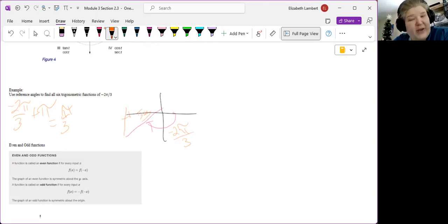Remember, pi over 3 is 60. So that means the side opposite 60 is our long side. And then the part adjacent to our angle is our cosine. And that will be 1/2 with a hypotenuse of 1 again.